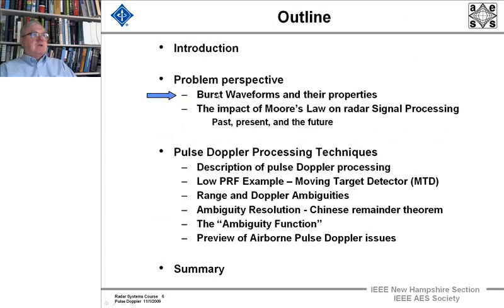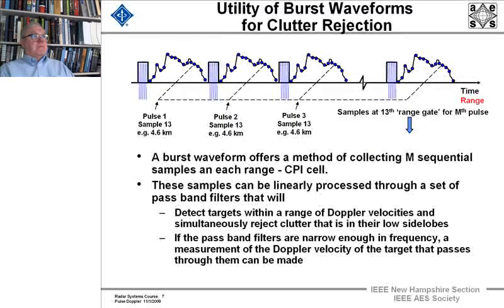Okay, first let's look at burst waveforms and their properties. By that I mean sets of pulses at a given PRF that will be n long. And that burst we call a coherent processing interval. Remember this from when we were talking about MTI filters.